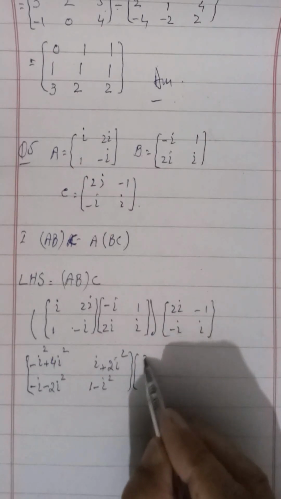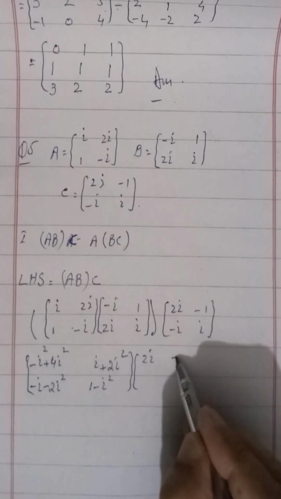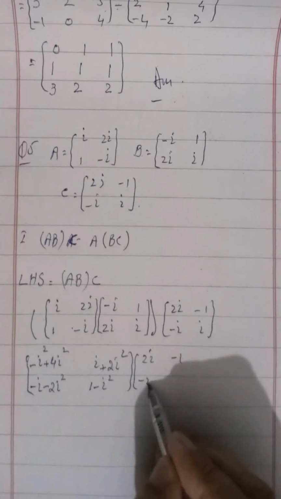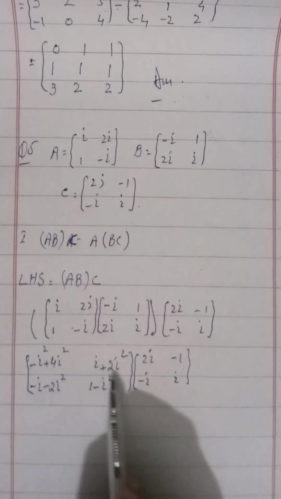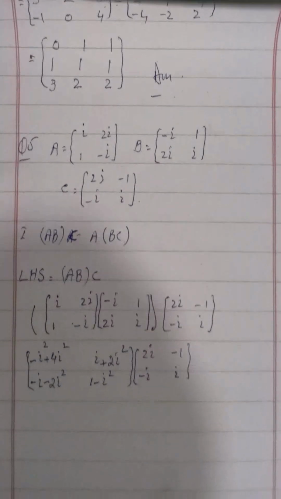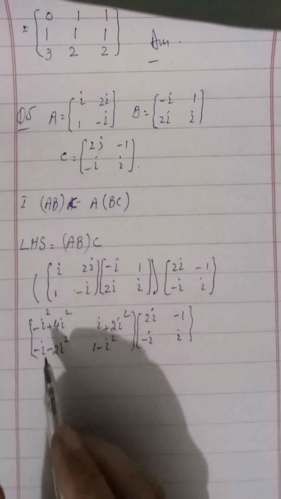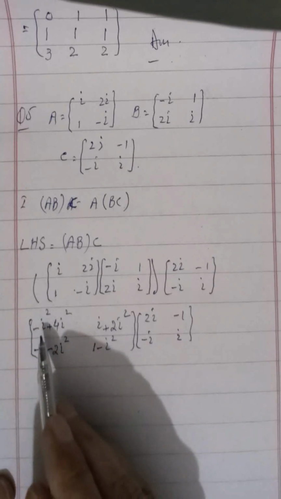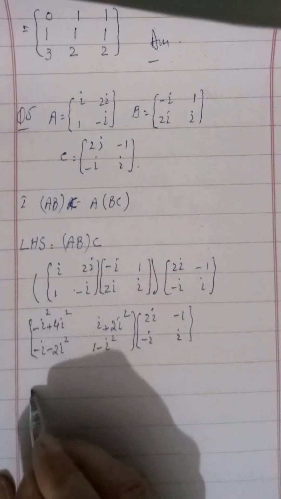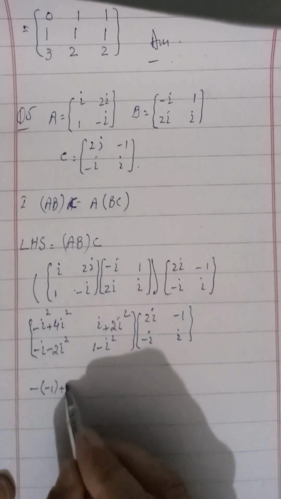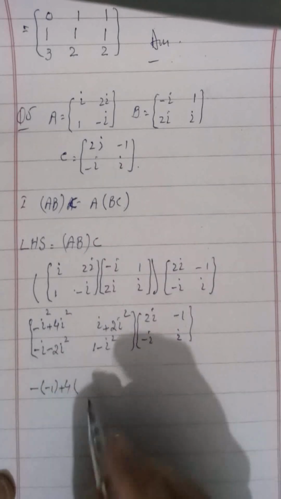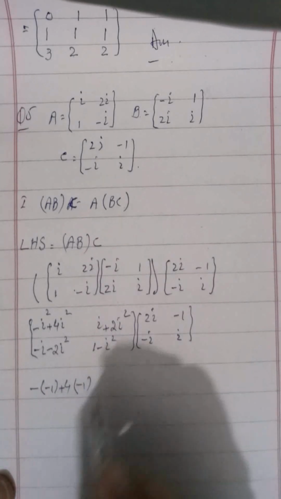And the C matrix is [2 iota, minus 1; minus iota, iota]. Now simplify these values. We get minus iota square, and we know that iota square is equal to minus 1, plus 4 into iota square is minus 1.